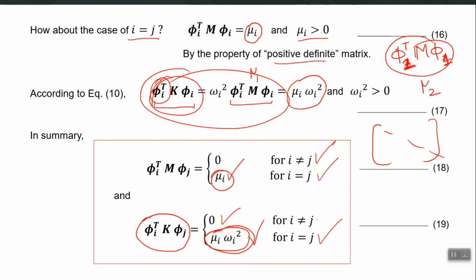So, just extract maybe the first 2 or 3 phi vectors from ETABS and confirm that whenever you take the product phi 1 transpose mass matrix into phi 2, maybe in Excel or MATLAB, you will get 0 as an answer, or maybe a very small, negligible number. But whenever you have phi 1 transpose into m into phi 1, in that case you will get a non-zero modal mass as a result, right.